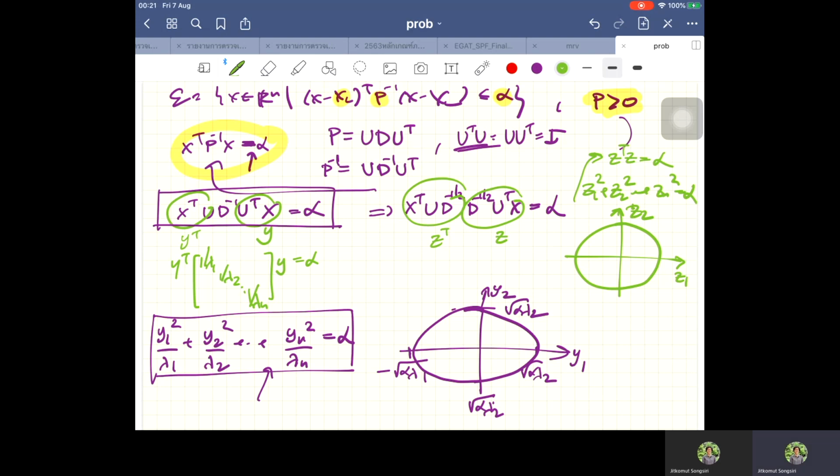Okay, so the first step here, we would like to sketch an ellipsoid, which is parameterized in some variable x. But we know that if we just expand a little bit using the decomposition of P, we get the equation in variable y, or it could be a variable z, that can be sketched in Rn more easily.